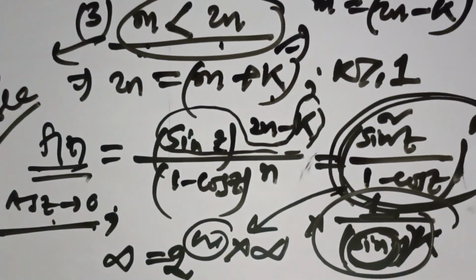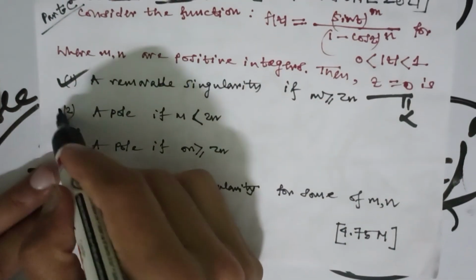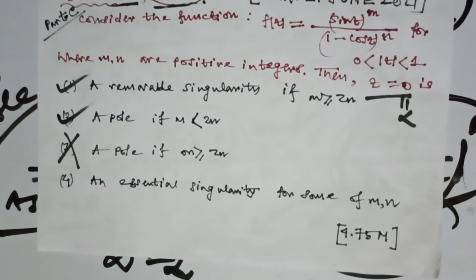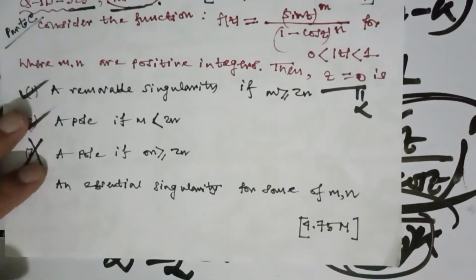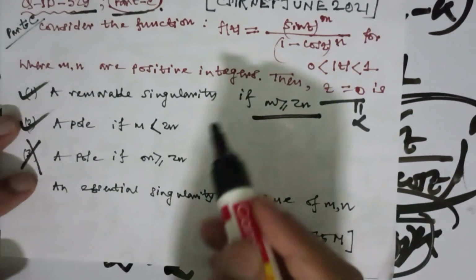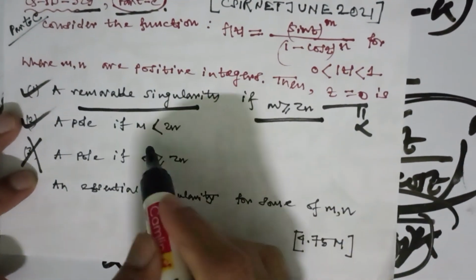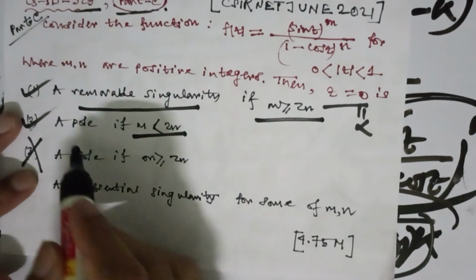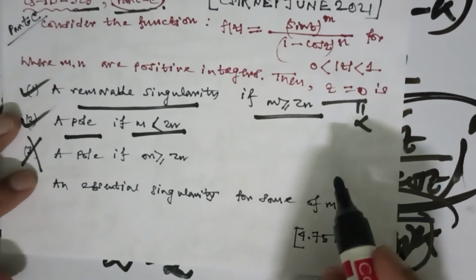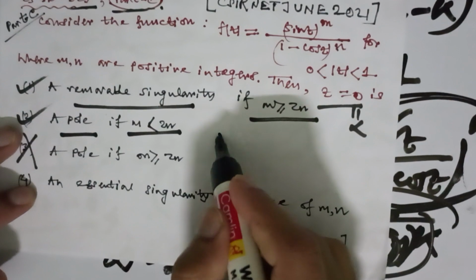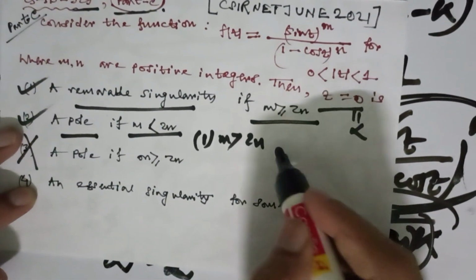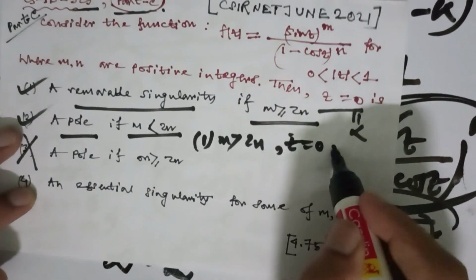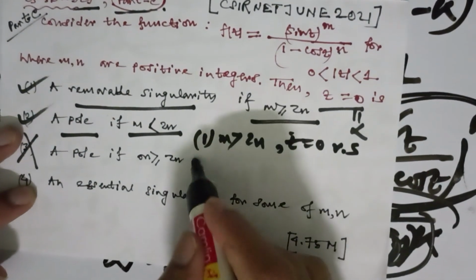So when m is less than 2n, z equal to 0 is a pole, so option 1 is correct. Now we observe that when m is greater than 2n, z equal to 0 is a removable singularity. When m is less than 2n, z equal to 0 becomes a pole. Is any other case left?